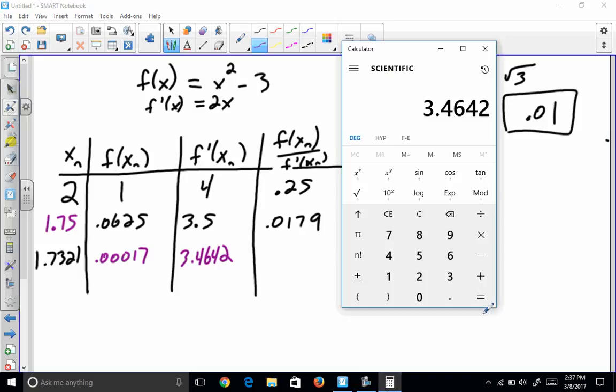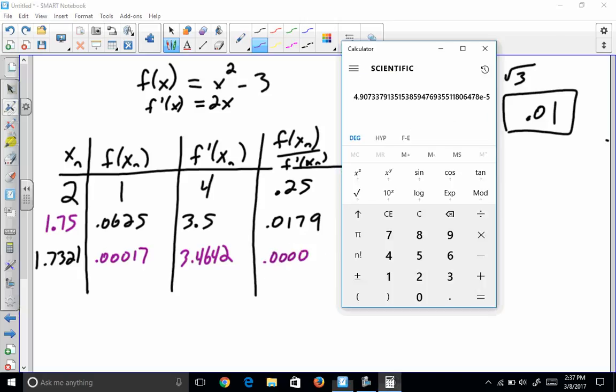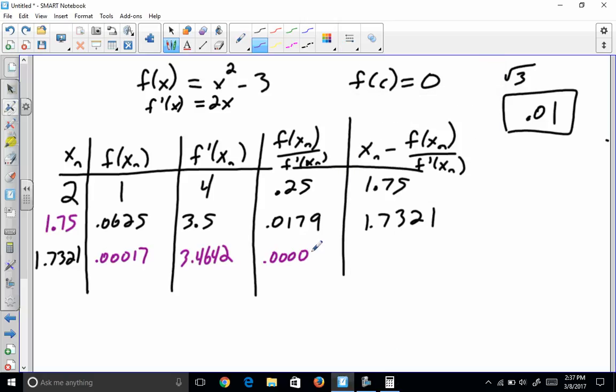Take the ratio, 0.00017 divided by 3.4642. That's really small. That's 0.000049, which is 4.9 times 10 to the negative 5.